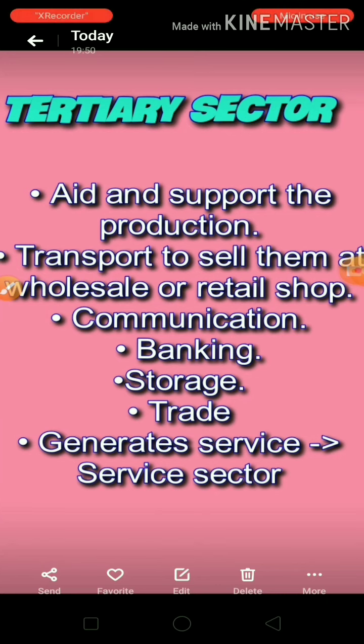The next is the tertiary sector. Under the tertiary sector, we explain any kind of support that is given to the primary or secondary sector. Any support that we provide to the primary or secondary sector would be classified as tertiary sector.